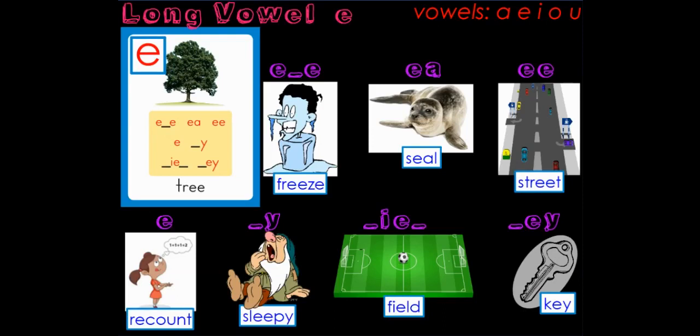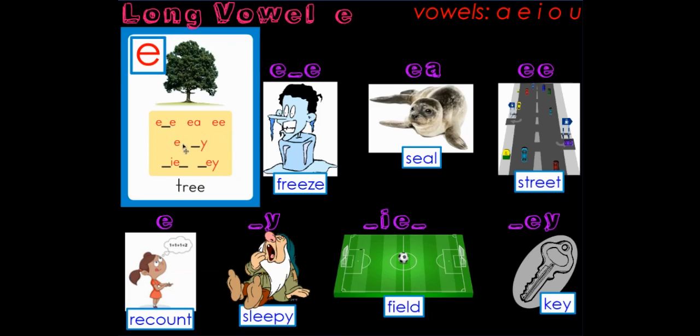The long E sound can look a couple different ways in words. There are a couple different letter combinations that we use in words to make the long E sound. Those letter combinations are E, consonant E, EA, EE.